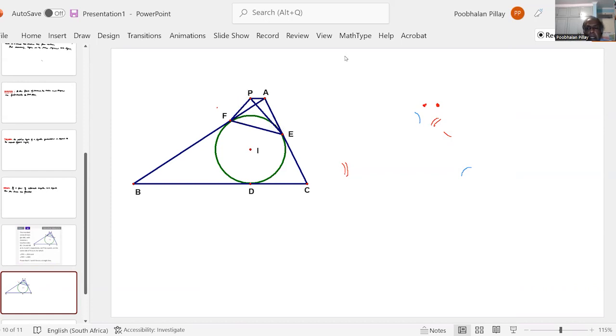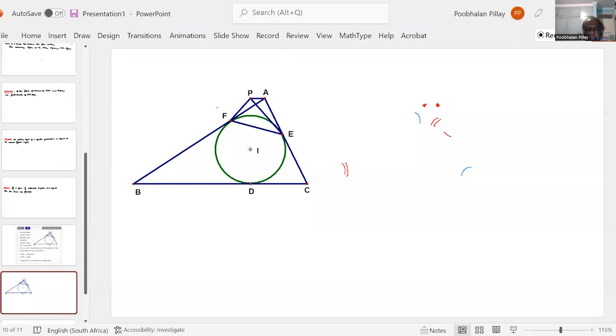Therefore, it's a cyclic quadrilateral. Okay. Our goal is to prove that P, I, and D lie on the same straight line. I'm just analyzing the whole thing at the moment. Now, just hold that thought that these 4 vertices, A, P, F, and E, are concyclic. Now, I want to bring the incenter into play.